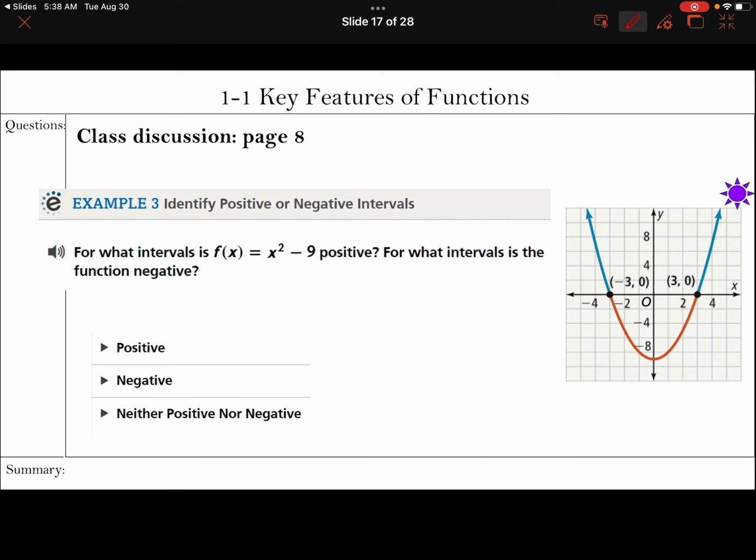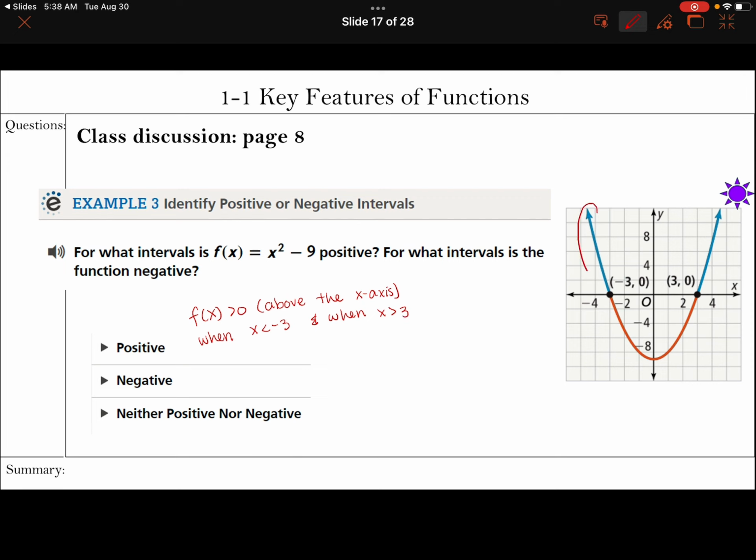Alright. So for positive, it tells us when f of x is greater than 0, which is above the x-axis, when x is less than -3, and when x is greater than 3.